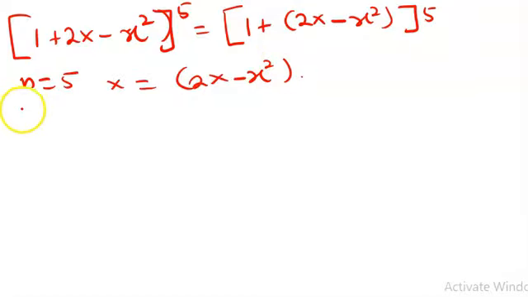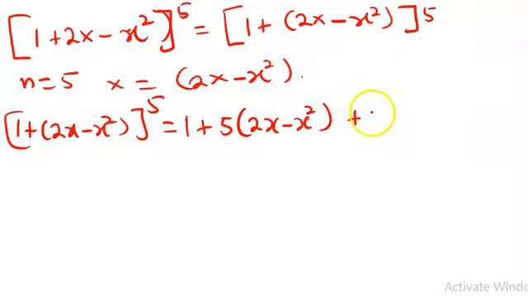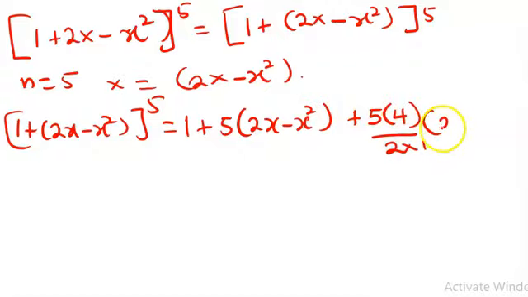Let's put them in the formula: 1 plus n, which is 5, times x, which represents 2x minus x squared, plus the formula n times n minus 1, which is 4, over 2 times 1, and then we have 2x minus x squared all squared.